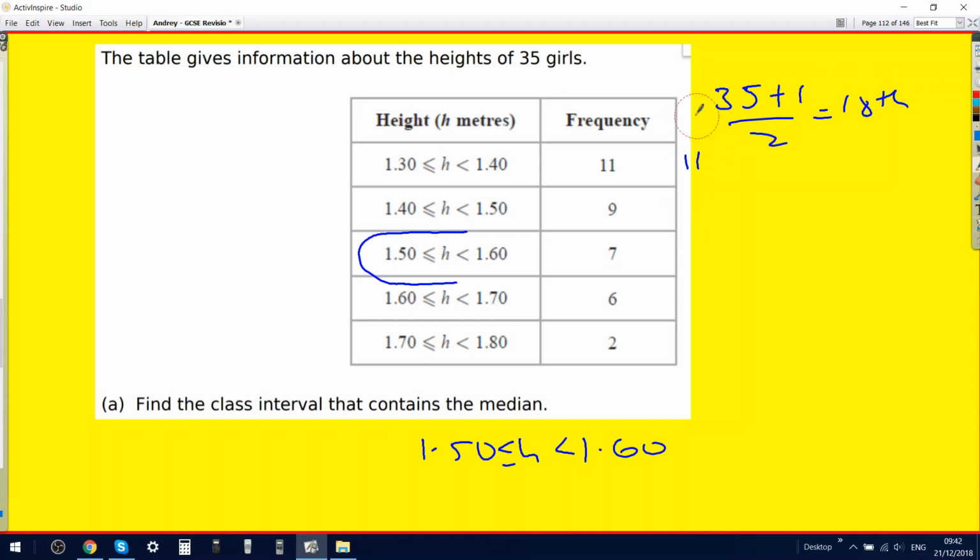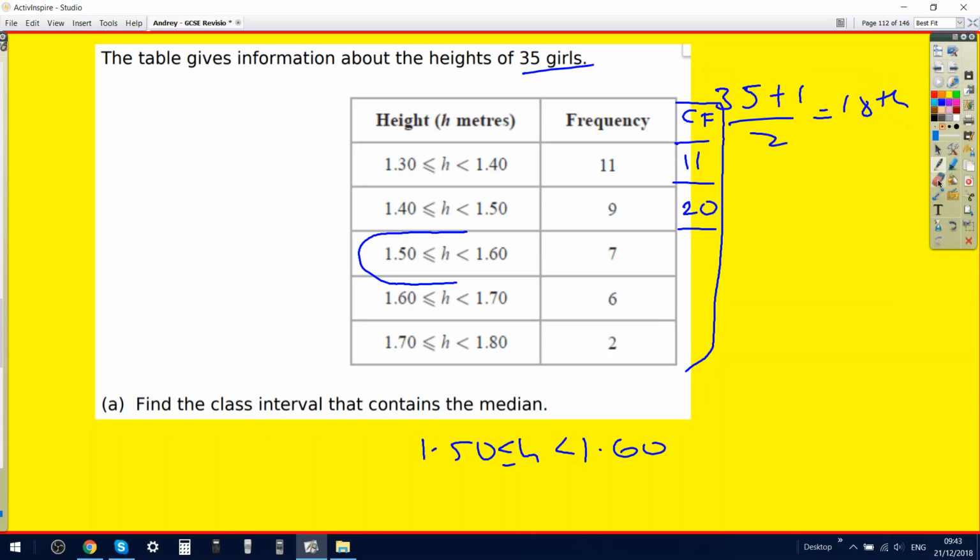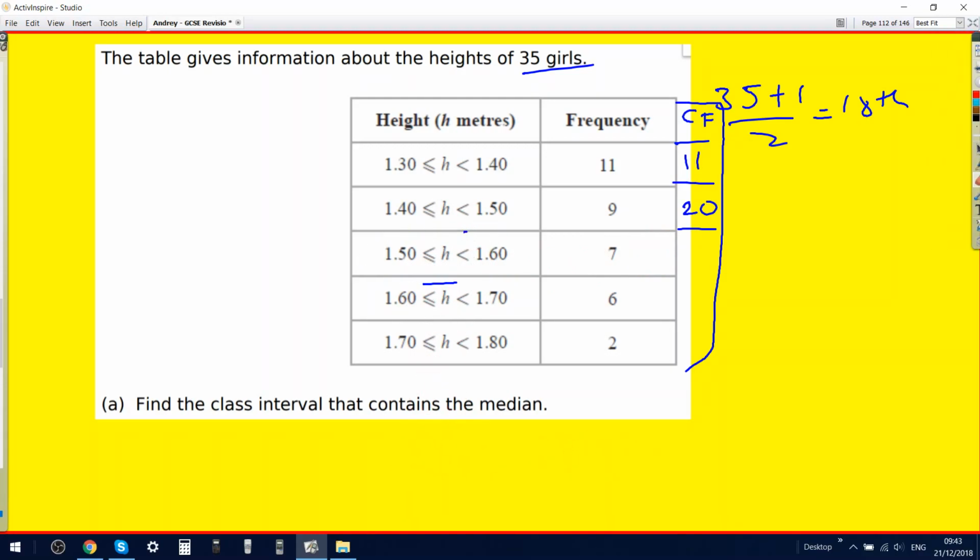So if you're doing cumulative frequency, was it 20? Yeah. And so how did you get your answer? I just guessed it because 7 was in the middle. Okay, so 35 girls. In total, there's n plus 1 over 2, so it'll be the 18th person. Where is the 18th person? In the 1.4 to 1.5 bit.